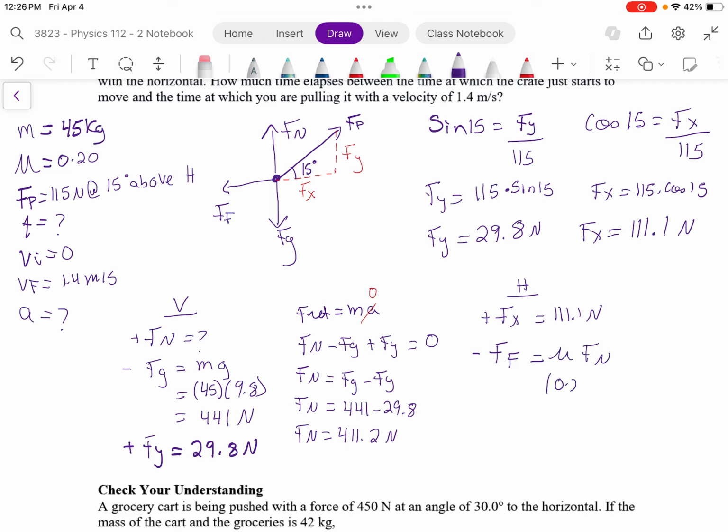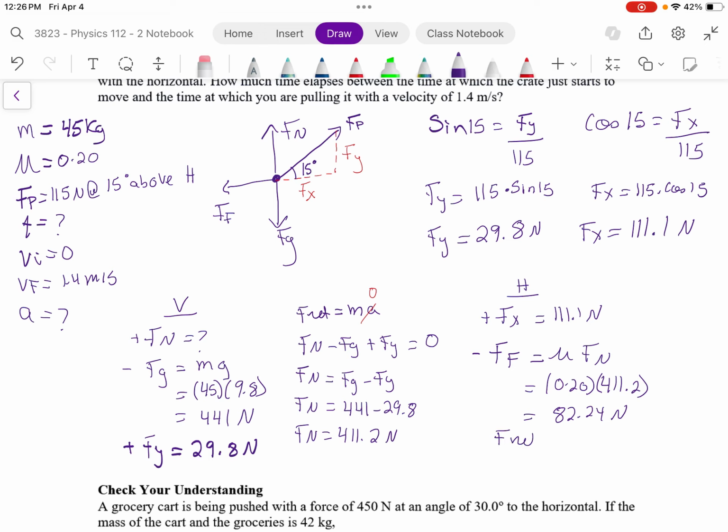Our mu is 0.20 times our Fn, which is 411.2, and so we get a frictional force of 82.24 newtons. These are the only horizontal forces acting on our crate. Notice Fp is not included because Fp is not horizontal.